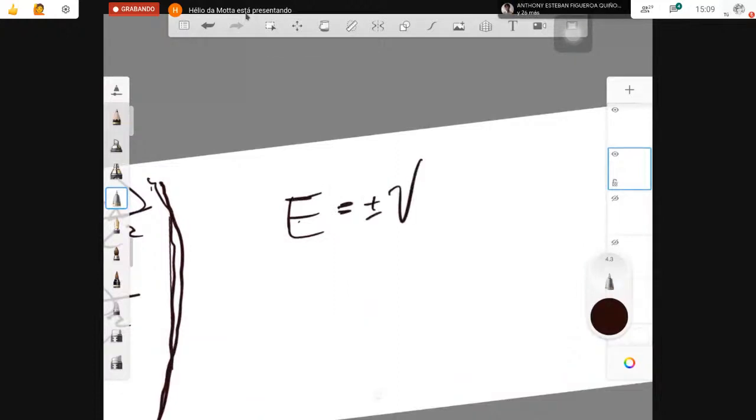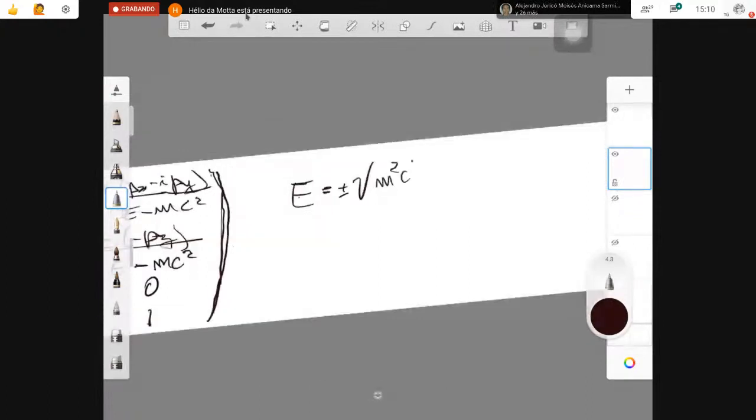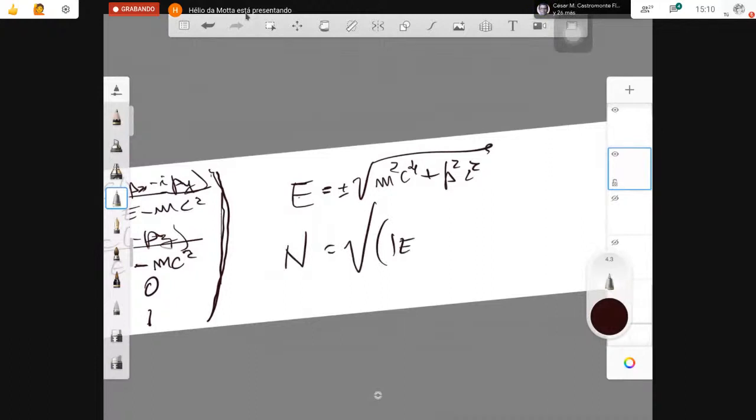For the first 2 here, E is equal to plus minus M2C4 plus P2C2, yeah? And will be equal to E plus MC squared over C.